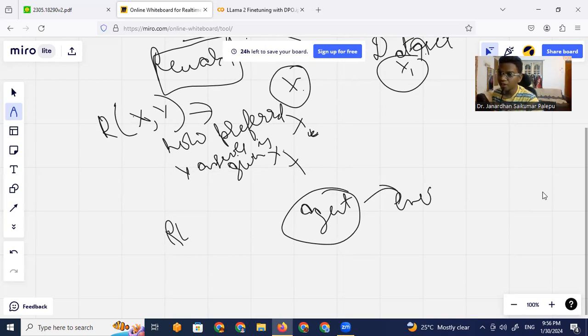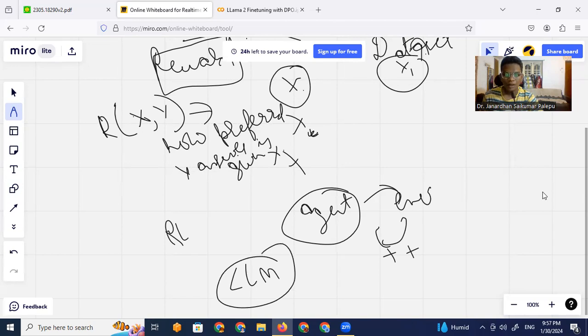The goal of the agent is to gain the maximum amount of reward; the greater the reward it gains, the better it does. So it learns to gain better reward, and the LLM will try to gain more reward from the reward function that we have previously trained.